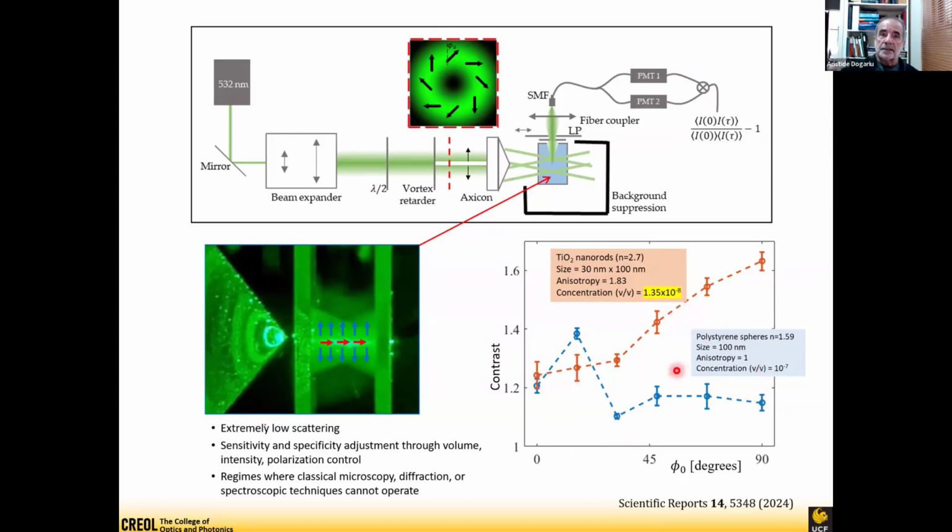So this is a very, very accurate and very sensitive measurement, which is enabled by the ability to control the field distribution through this scheme. And these are regimes in which normal microscopy, diffraction measurements, or even spectroscopic measurements cannot really operate. So we really take full advantage of the ability to control the structure of the illuminating field.